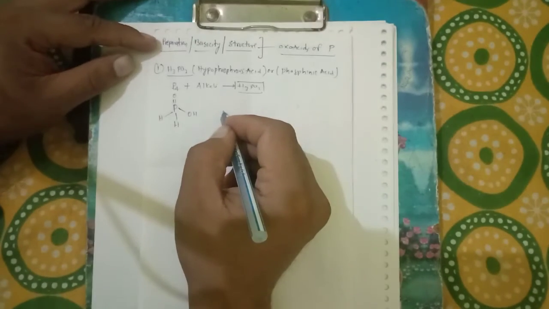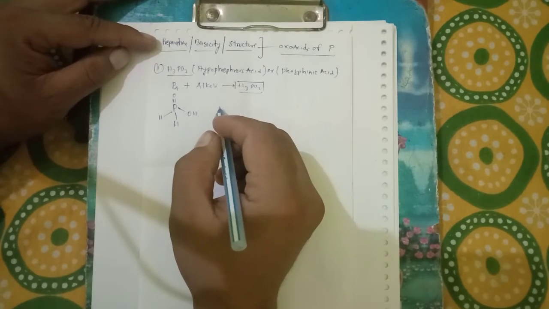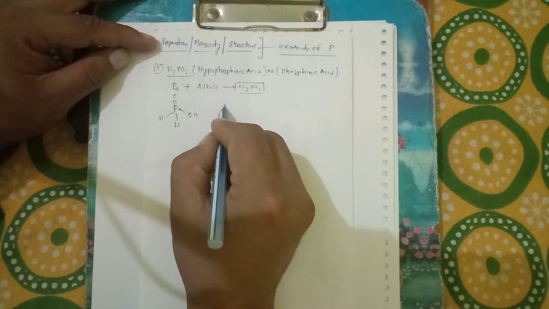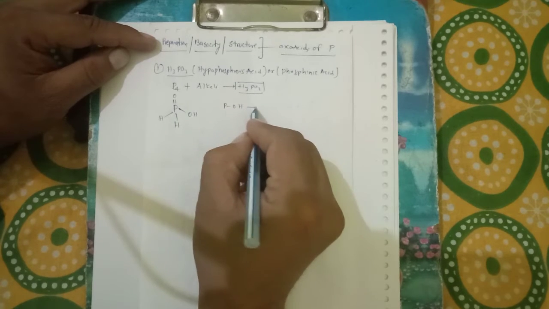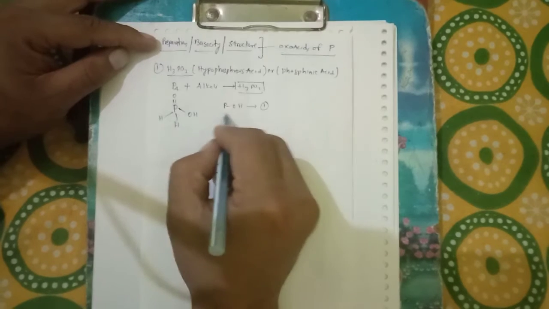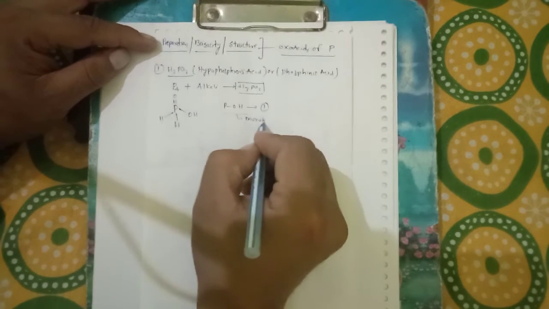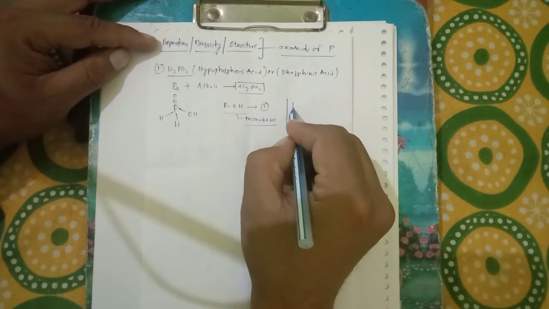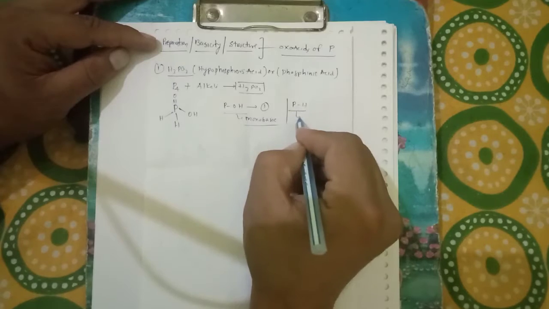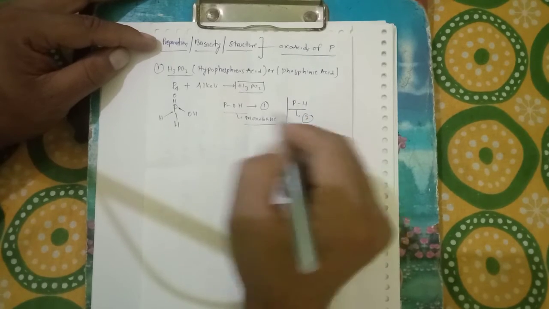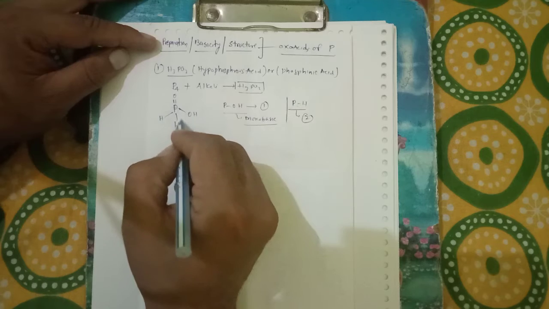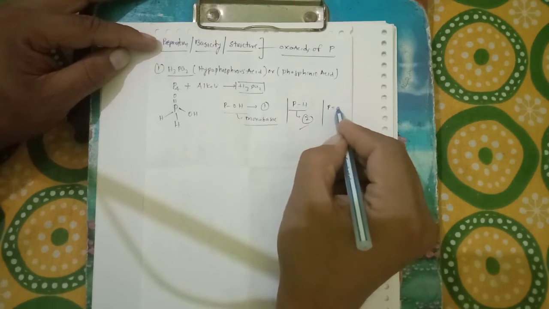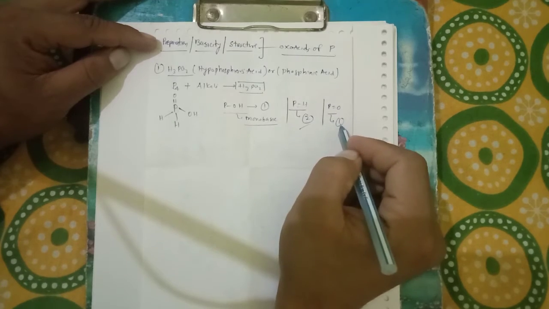So if we describe its characteristic bonds, we find that here P-OH bond is 1, so it will be monobasic in nature. P-H bond is 2, one is here and one is here, so 2 P-H bonds are there and 1 P double bond O is present.